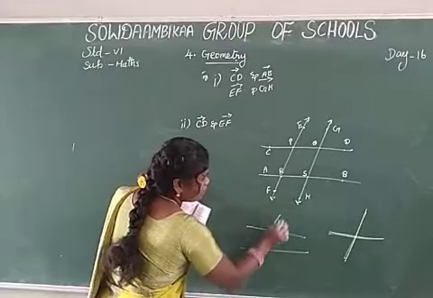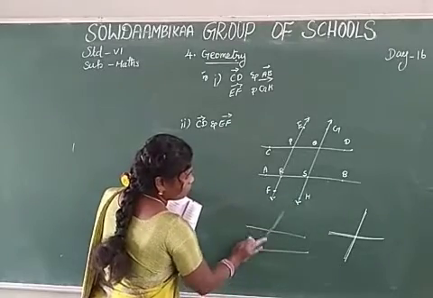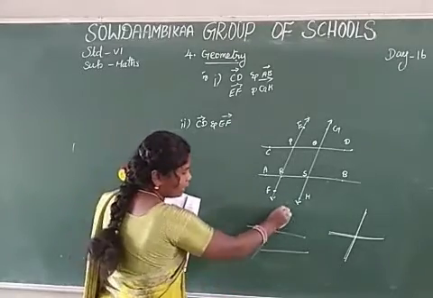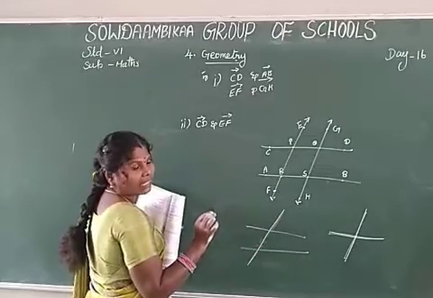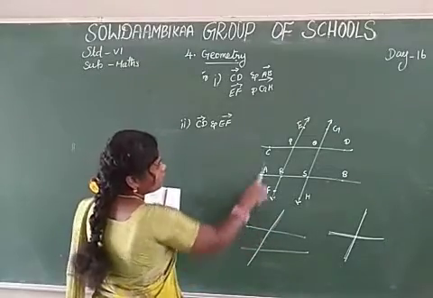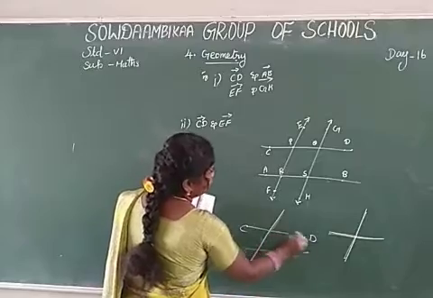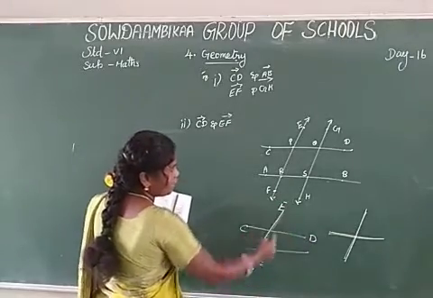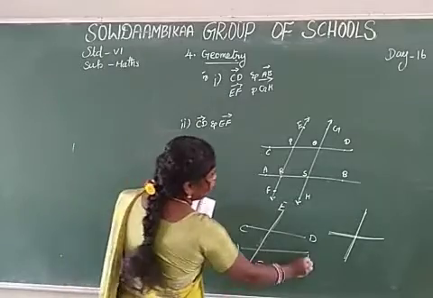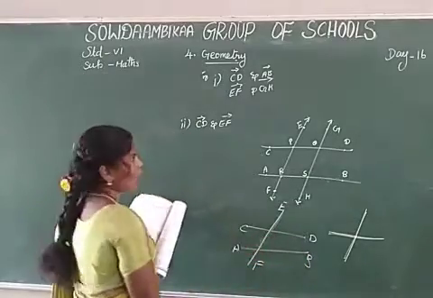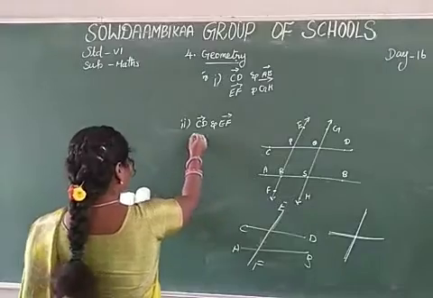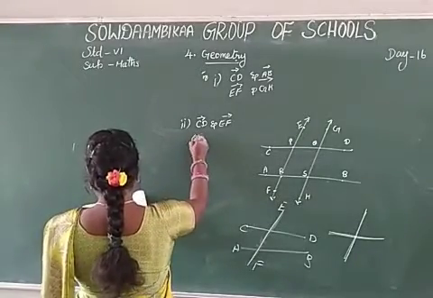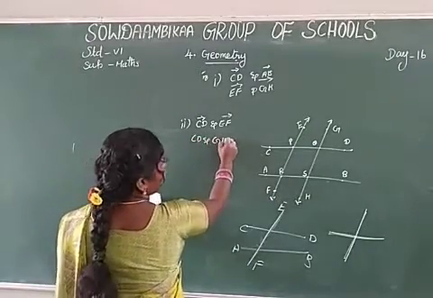These are parallel lines. Then intersecting lines: this is CD, this is EF. CD and EF. Next AB and EF. The second one, CD and GH.